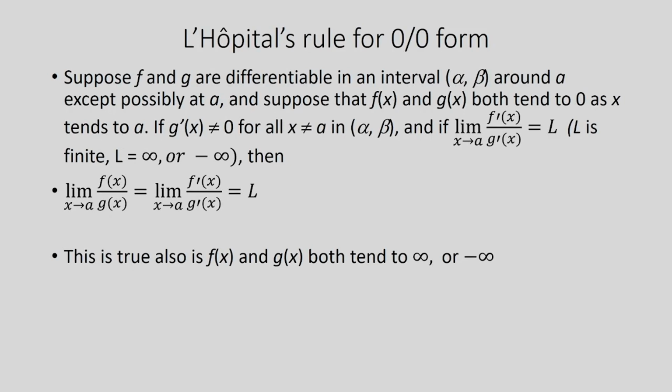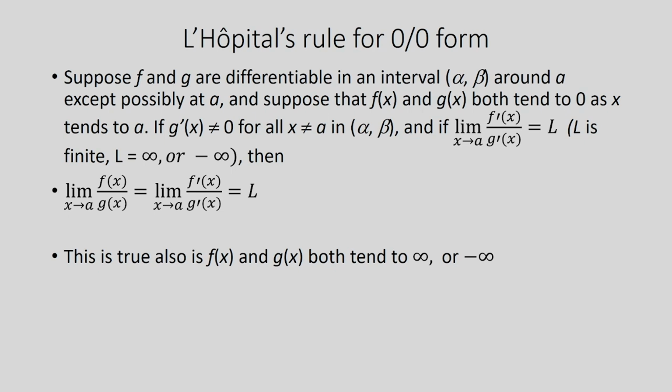Now, these are different tools and instruments that we have which follow from the properties of limits and differentiation. So, this is called L'Hopital's rule for 0 by 0 form. Suppose f and g are differentiable in the interval (alpha, beta) around a except possibly at a, and suppose that f(x) and g(x) both tend to 0 as x tends to a.